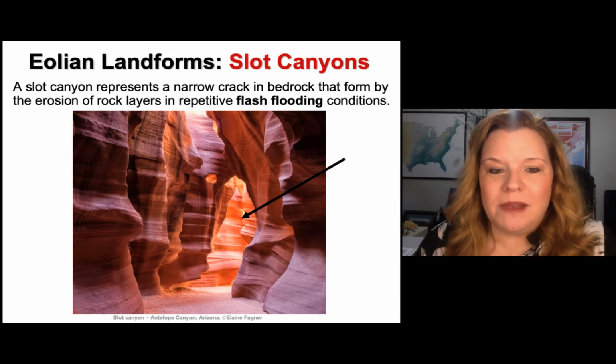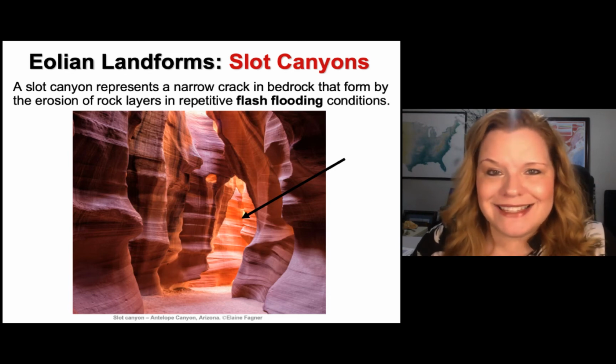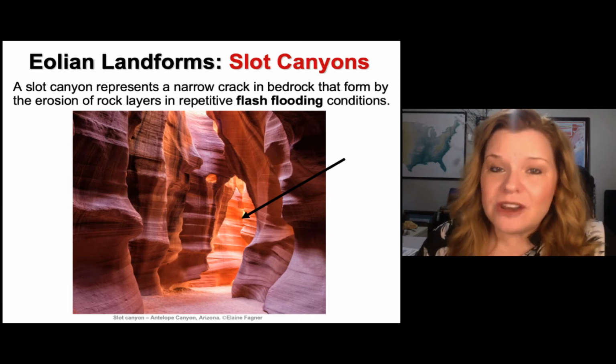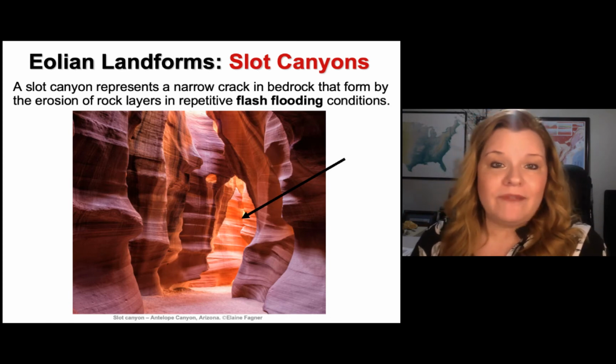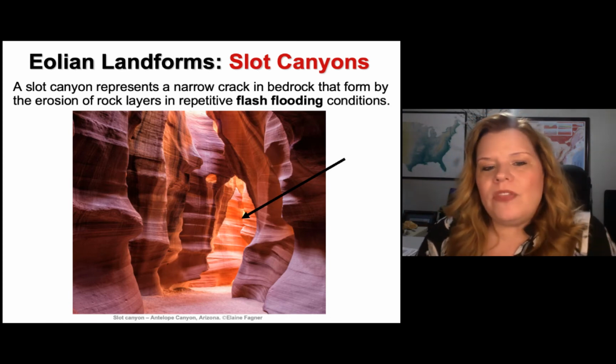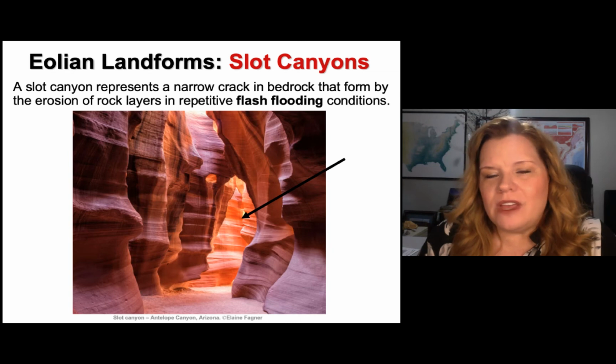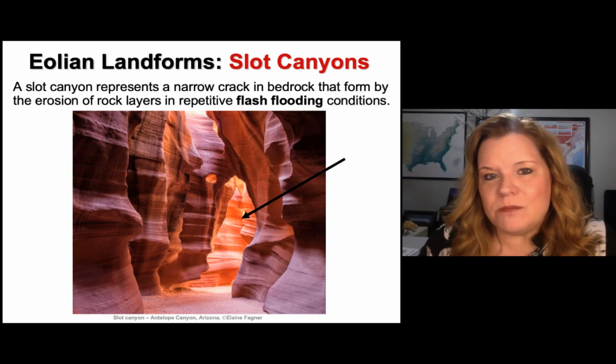One of the most magnificent of all of the desert landforms are slot canyons. This is a real place, and yes, it looks like this. This is Antelope Canyon in Page, Arizona. It's on Navajo Nation's land, so in order to take a tour of it, you have to go through them. What's the message here? This Navajo sandstone, the same stuff that's in Zion, got made because of repetitive flash flooding.